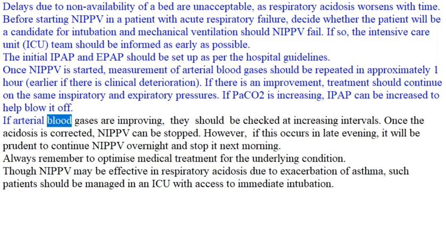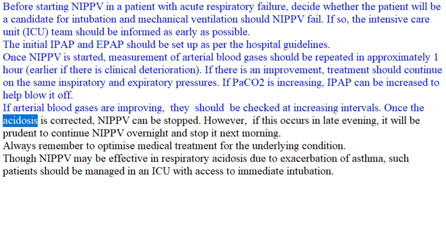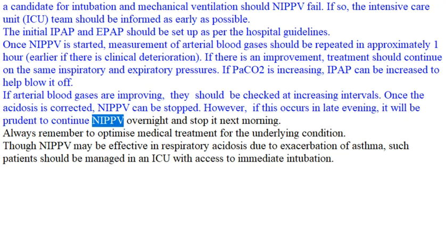If arterial blood gases are improving, they should be checked at increasing intervals. Once the acidosis is corrected, NAP can be stopped. However, if this occurs in late evening, it will be prudent to continue NAP overnight and stop it next morning.